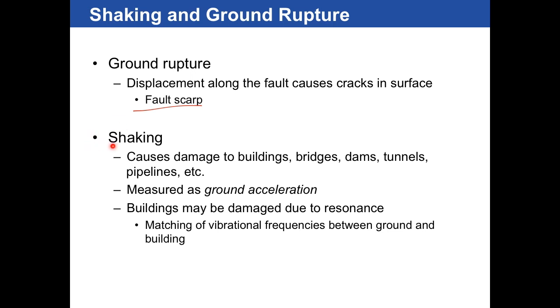Well, the shaking itself is a primary hazard. It does cause damage to buildings and bridges and all different kinds of structures just by being rattled back and forth. Here's your building right here, and just the ground moving back and forth is going to loosen that foundation from the ground. Resonance, I mentioned briefly today. Resonance is where, let's say you have a tall office building.